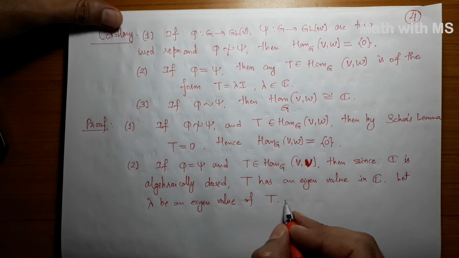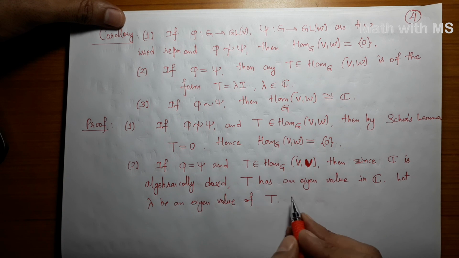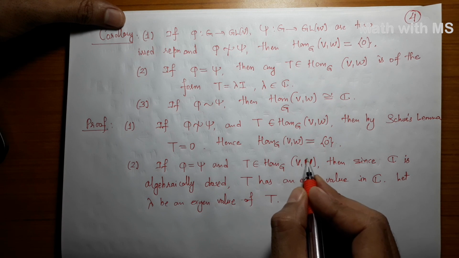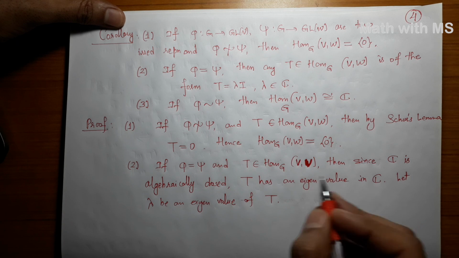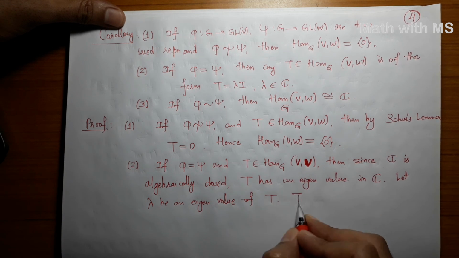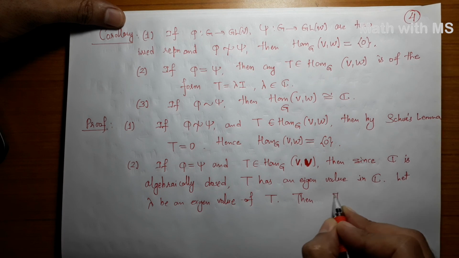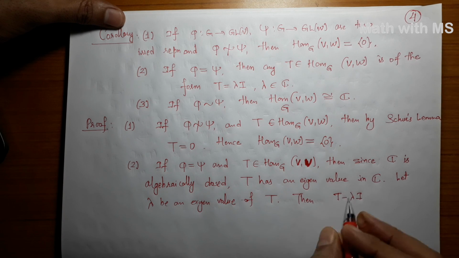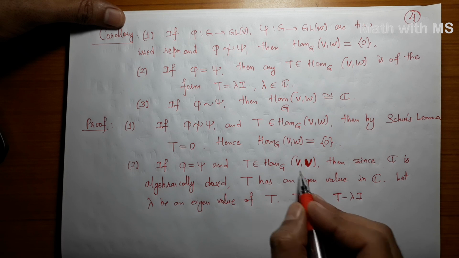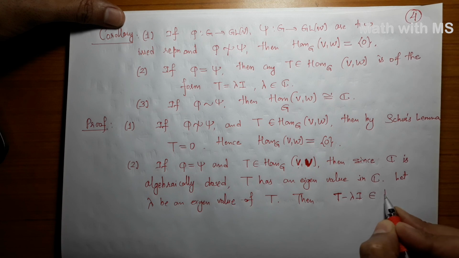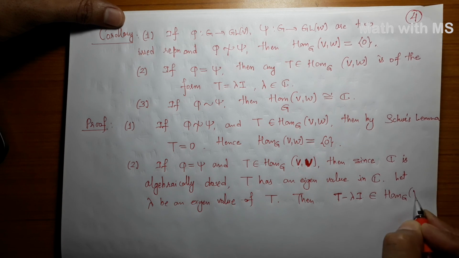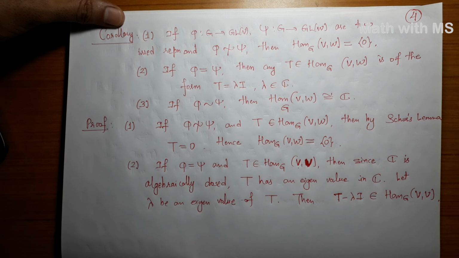And also we know that this space of all morphisms from V to V is a linear subspace of Hom(V,V). So then T minus lambda times identity: T is a morphism, identity is of course a morphism, a scalar multiple of a morphism is a morphism, and this difference is a morphism. So this also belongs to Hom_G(V,V). But what kind of morphism is it?